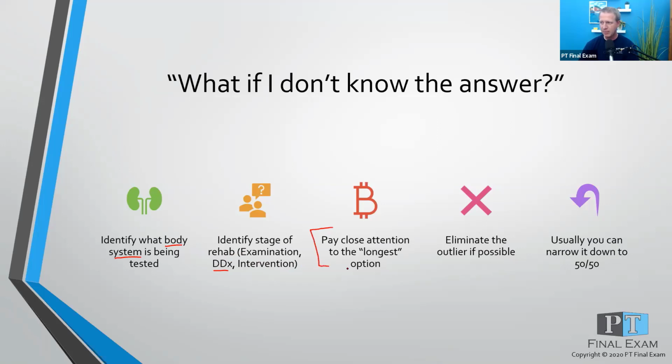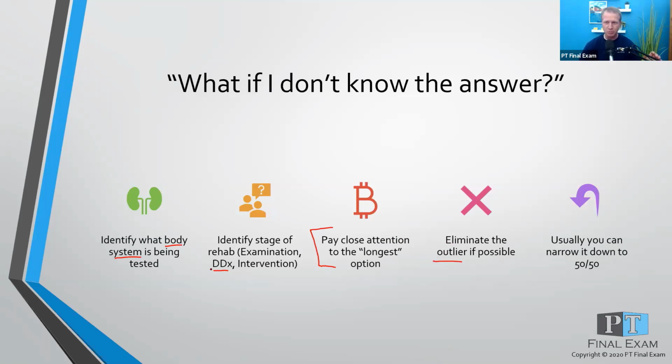I like to tell people to pay attention to the longest option, or the option that has the most words, not necessarily because more wording makes it right. However, usually there's more details packed into a lengthier option, and they try not to write them this way, but at least pay attention to a longer option or an option that looks different than the other options. If there are any outliers, be sure to eliminate them.